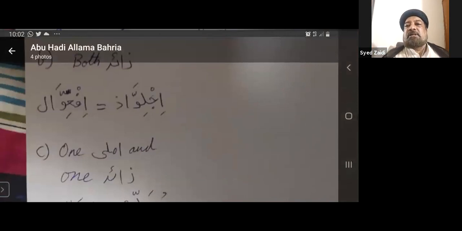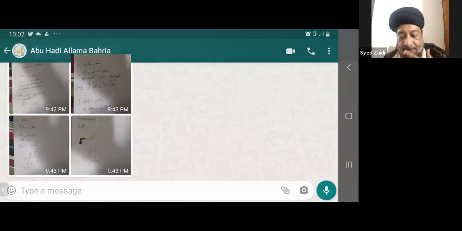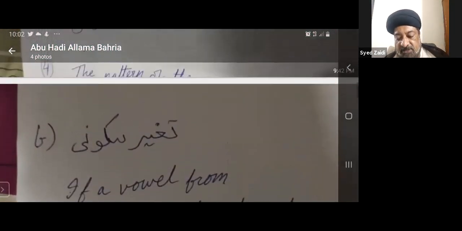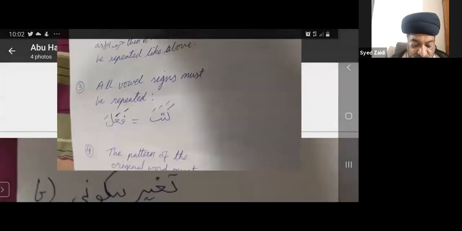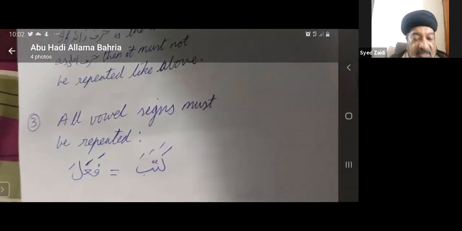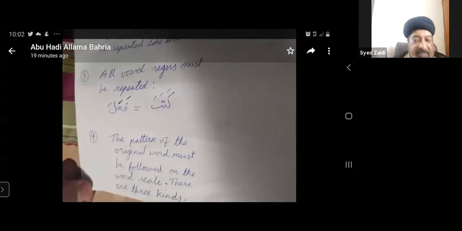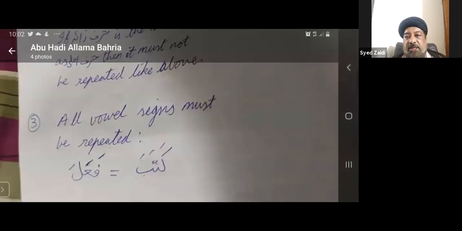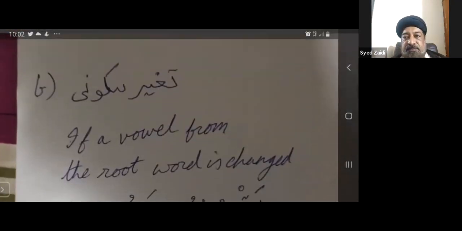You're taking the wrong word. Yes, before that. Now, the taghyir qalbi means that if a letter is changed, you see a word where a letter, yes, the second page, page number 2, please. Yes, this page.